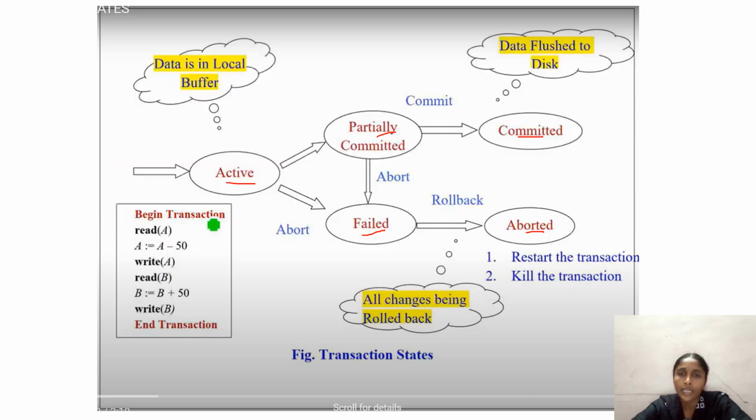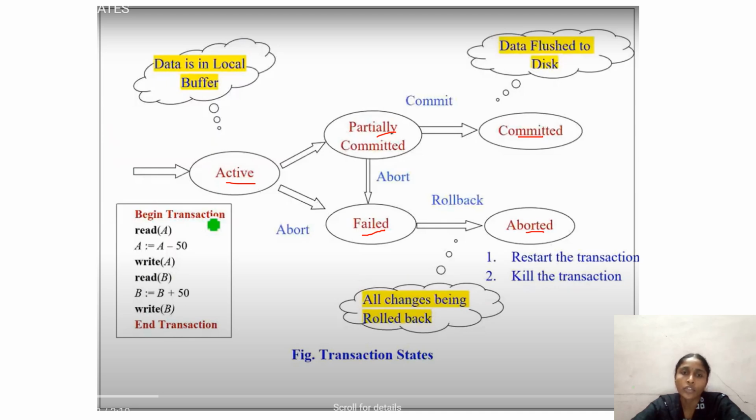After this partially committed state, it moves to the committed state if there are no inconsistencies in execution. This is the final state of a transaction. After the committed state, the data is updated in the database permanently. This is called successful execution of a transaction. So every successful transaction ends with the committed state.